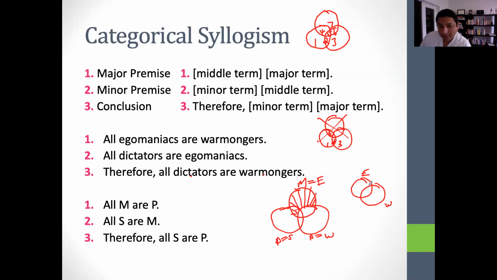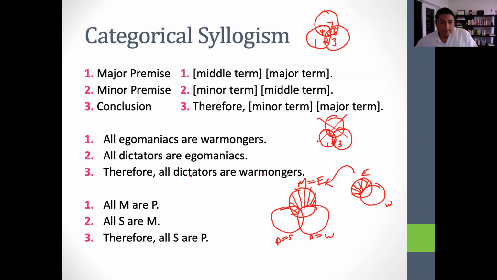All egomaniacs are warmongers, so all the egomaniacs are going to be with the warmongers. So you're going to shade out everything over here. And then you're just bringing this information back over here to the three circles. And you notice that the shading is going to fall partially within the dictator circle.